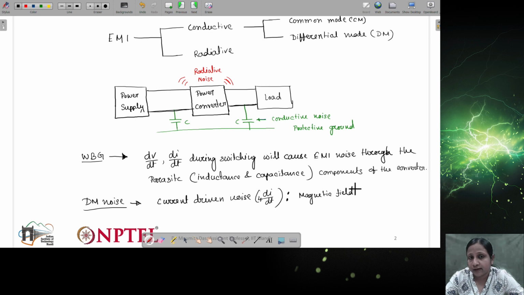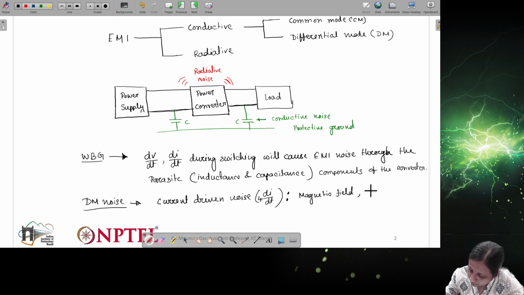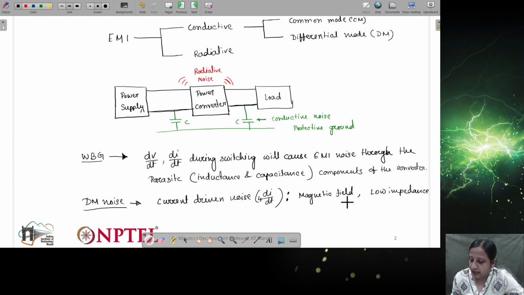This is parasitic inductance which is present in the circuit. Now, due to low impedance path, if there is a magnetic field and also a low impedance, it will cause higher value of didt, and then higher didt with respect to the magnetic field will cause higher DM noise to be present.